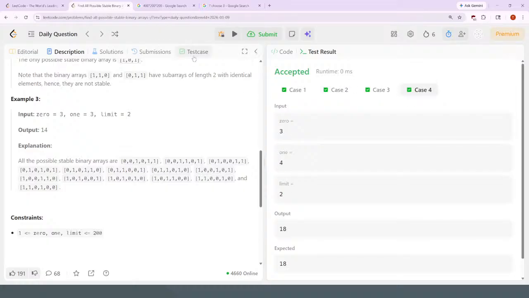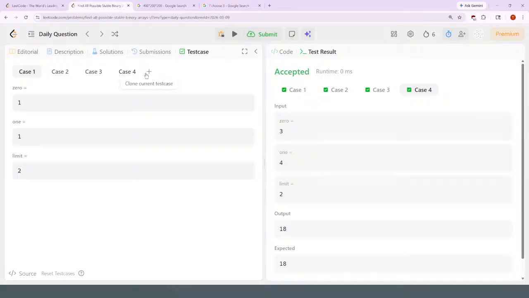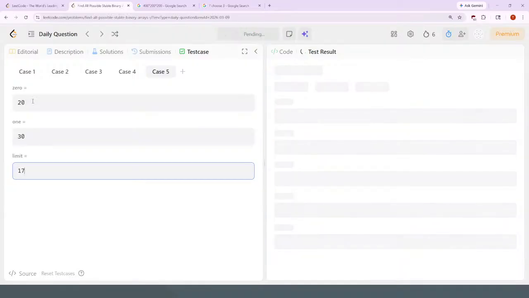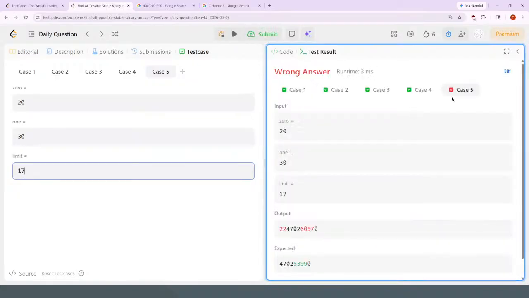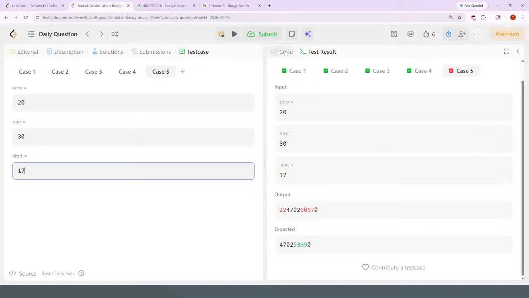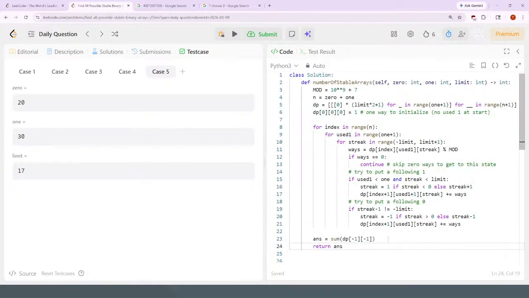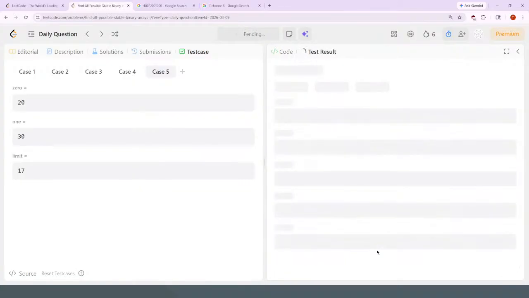Okay, let's do another test case. Okay, say 20 zeros, 31's, limit is, let's say 17. Oh yeah, I need to do more mod. Hopefully that's the fix.